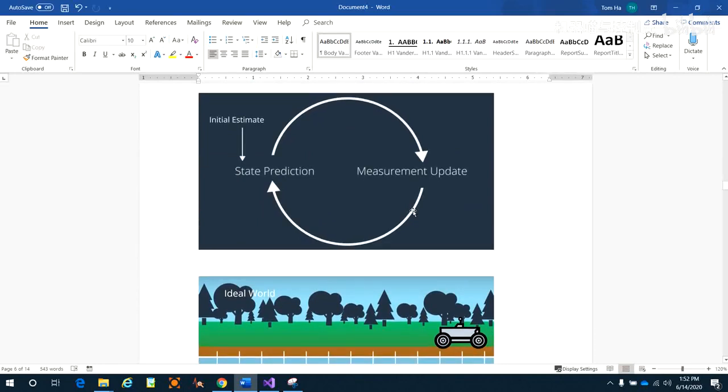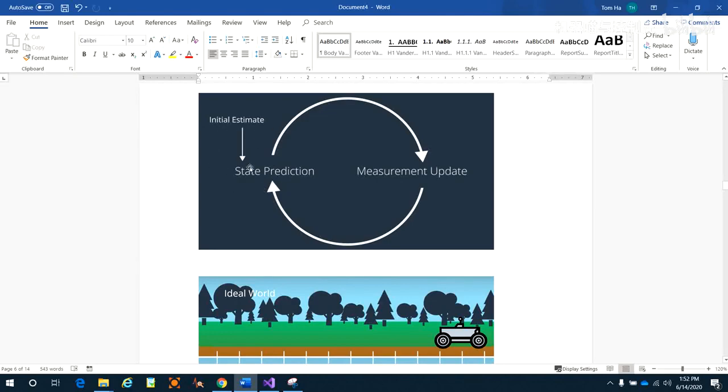So, coming back to the Kalman filter. The Kalman filter includes two really important steps: the measurement update and the state prediction. Remember that in the Kalman filter, the loop starts from the initial estimation.